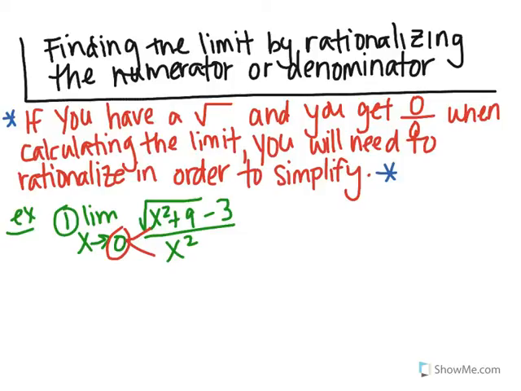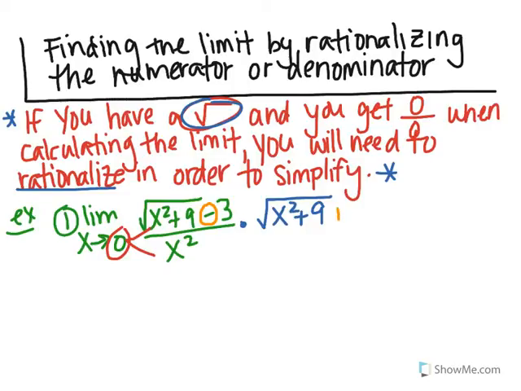So whenever you have a square root, you're going to need to rationalize. In this case, since the root's in the numerator, you're going to rationalize the numerator. You're going to multiply the top and bottom by the exact same thing. You're multiplying by a 1. But when you rationalize, this sign changes.